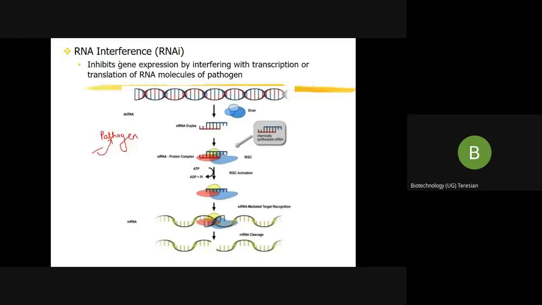That particular RNA is interfering with the pathogen, and then it is trying to kill the pathogen. So this is a very attractive strategy to kill the pathogen.